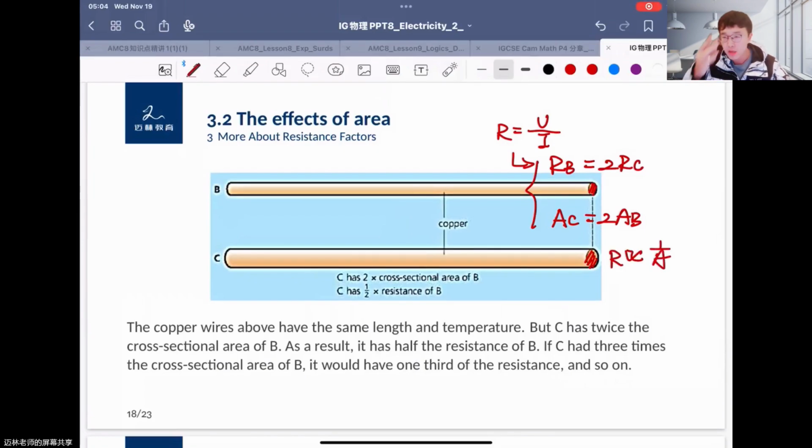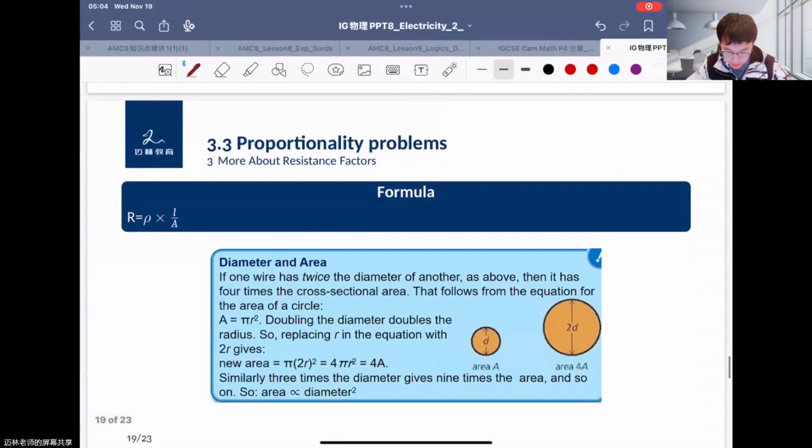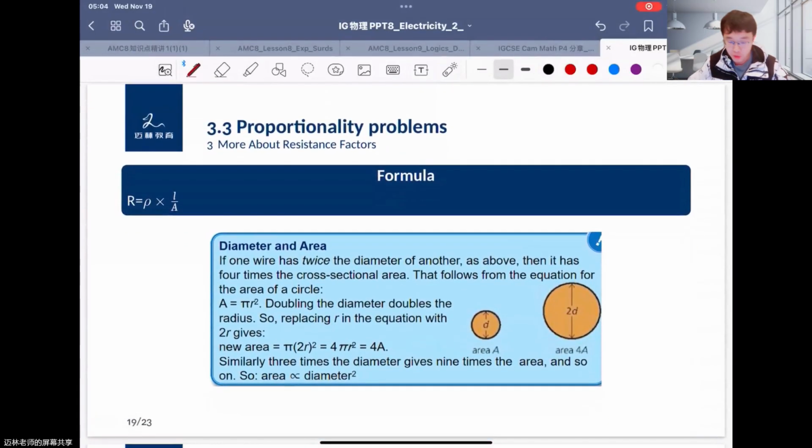But there is a second quantity for the resistor, okay? And then maybe we can use this to form the formula like this one, R equals rho times L over area. And rho means a kind of conductivity. If you are a metal or a material that is very easy to conduct, rho is very small. And if it is a very hard material to conduct electricity, we can say that rho is very big.